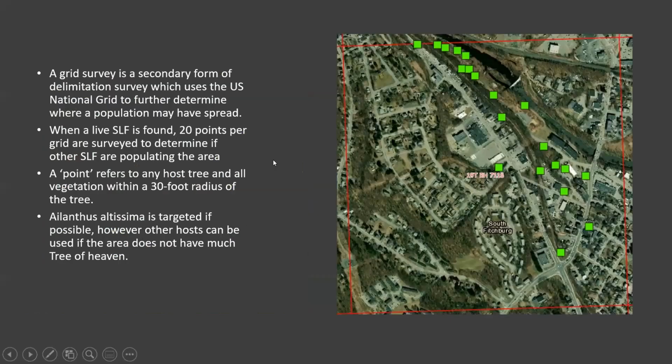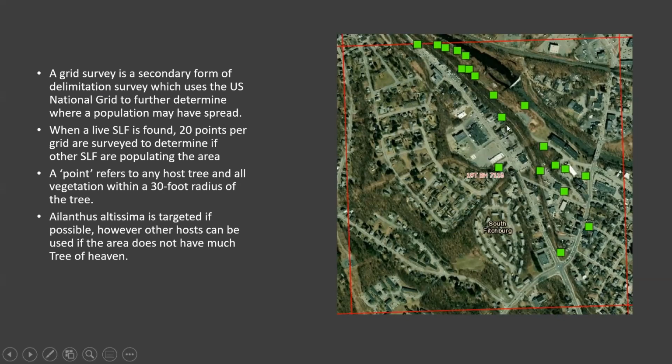So the grid survey is a secondary form, which I just said. It just helps us to determine the spread. 20 points per grid are surveyed. A point is any host material and all vegetation and surfaces within a 30-foot radius of the tree.